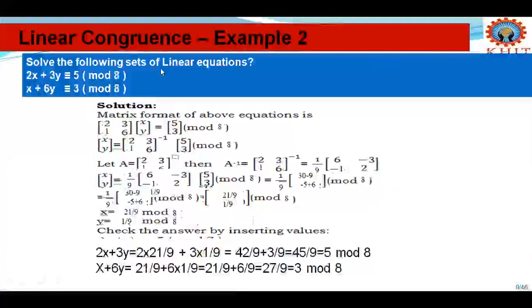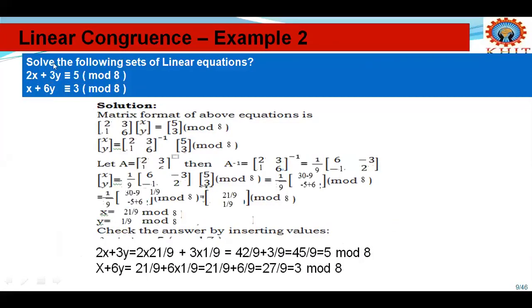Another example for a set of equations: if we have been given two equations, 2x plus 3y is equal to 5 mod 8, and x plus 6y is equal to 3 mod 8.